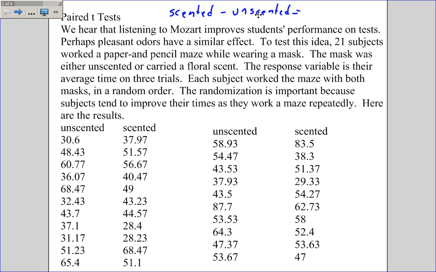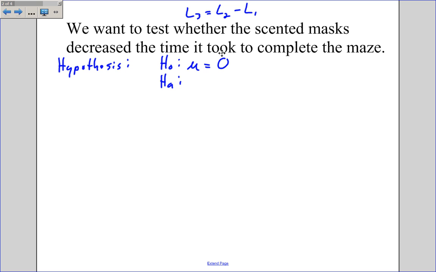So scented minus unscented, we want to be a negative value. So since we want that negative, in order for us to see that scented decreases times, we'll want our alternative hypothesis, mu less than 0.